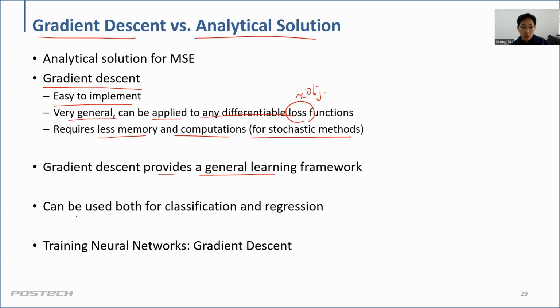That's why we're going to use it for classification and regression as well, and for artificial neural nets. I haven't mentioned what neural nets or deep learning are yet, but when you train neural net models from a data set, the optimization process is gradient descent. Just keep that in mind. Later on, we're going to revisit it.